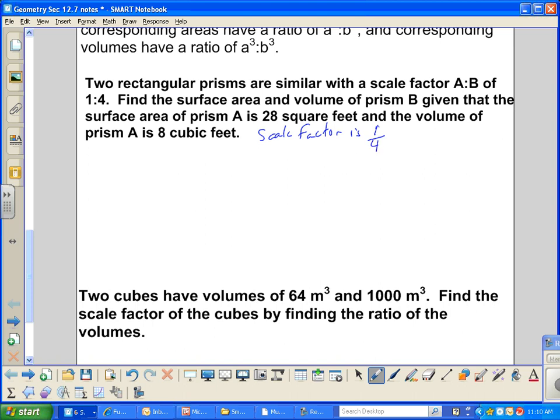And then if we look at the ratio for surface area, it should take the scale factor and square it, right? So it should be 1 squared over 4 squared, which would be 1 over 16.